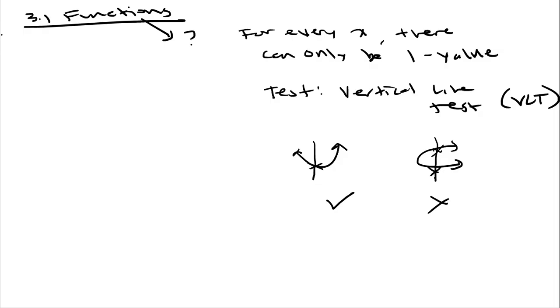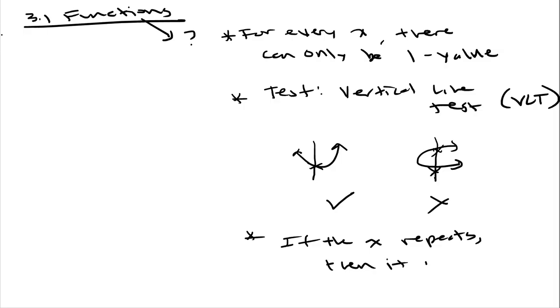Also, another thing about functions is that if the x repeats, then it is not a function. So for example, let's say I'll draw a graph here. Let me do a different color.